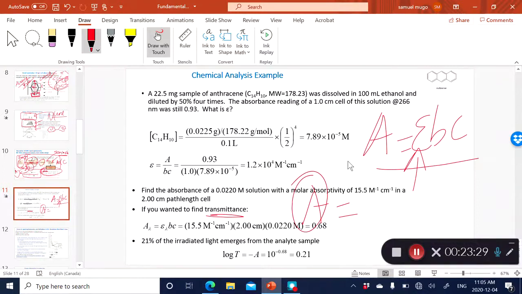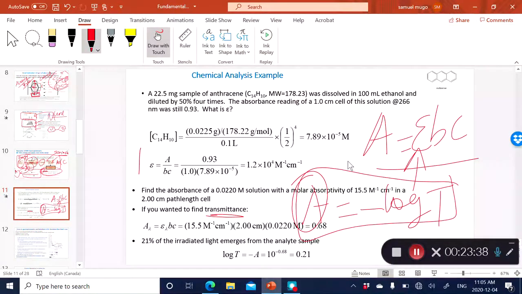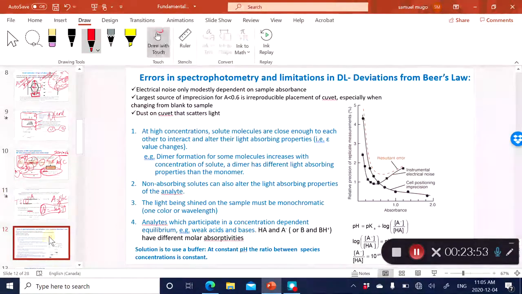You are told the absorbance, and the transmittance is determined by that relationship: transmittance is equal to 10 raised to the power of negative A, where A is absorbance. So you can easily determine that. Fairly straightforward calculations. I don't need to spend a lot of time on that.